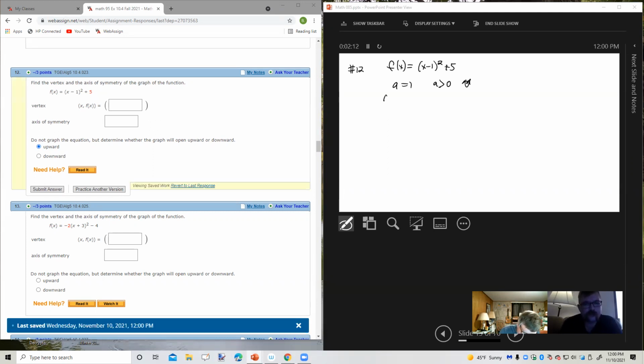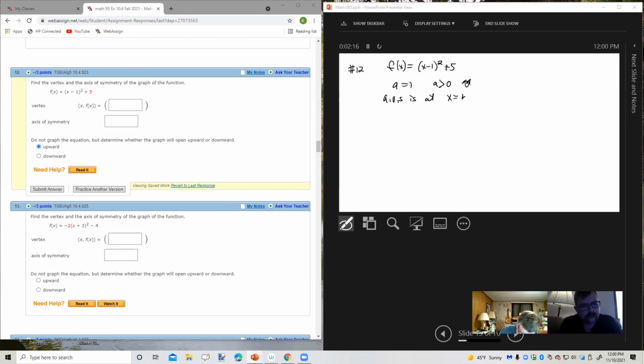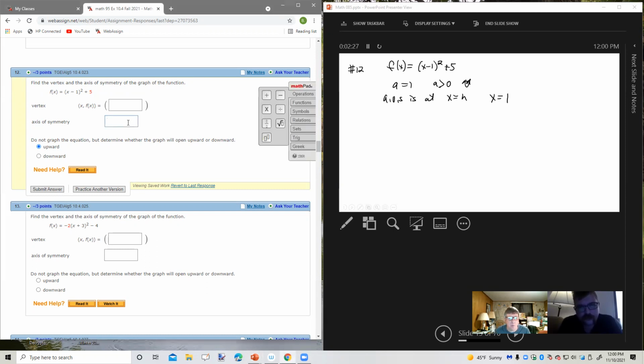All right, the axis of symmetry is at x equals h, so that would be x equals 1. You okay with that? All right, now again, if you just put 1 in here, it's going to be wrong. You've got to put x equals 1. That is the most missed problem on this test because students, especially those that don't bother to watch the videos, always mess that part up.